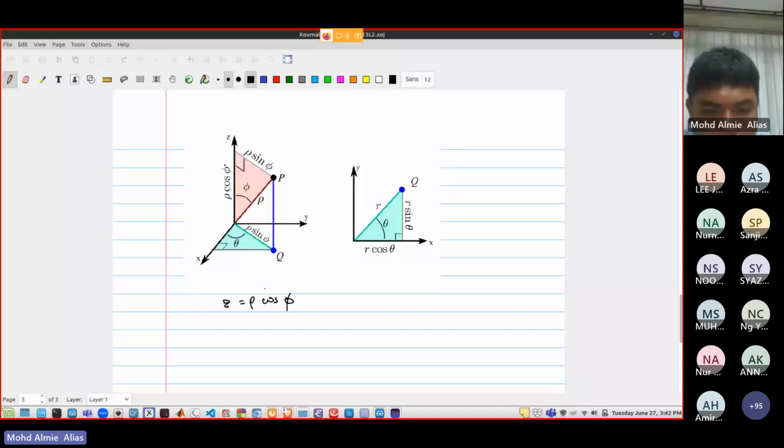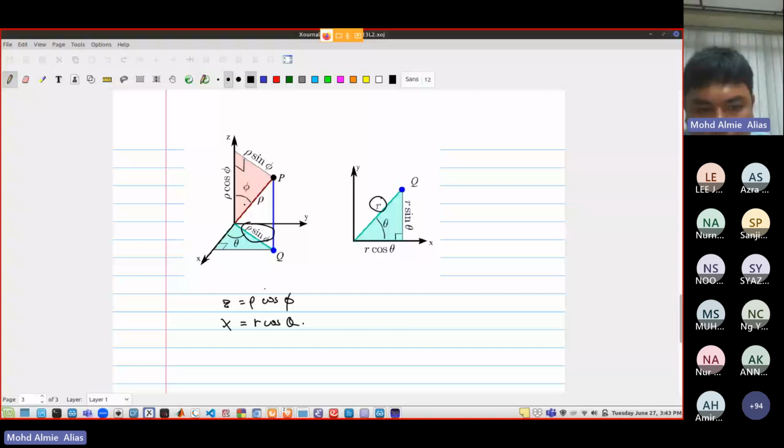Now you need x. You know that in polar coordinates, x equals r cos theta. What is r? Here, r is the diagonal, the hypotenuse. This is r from polar coordinates, but the length here, defined by the definition of rho, theta, and phi, is rho sine phi.